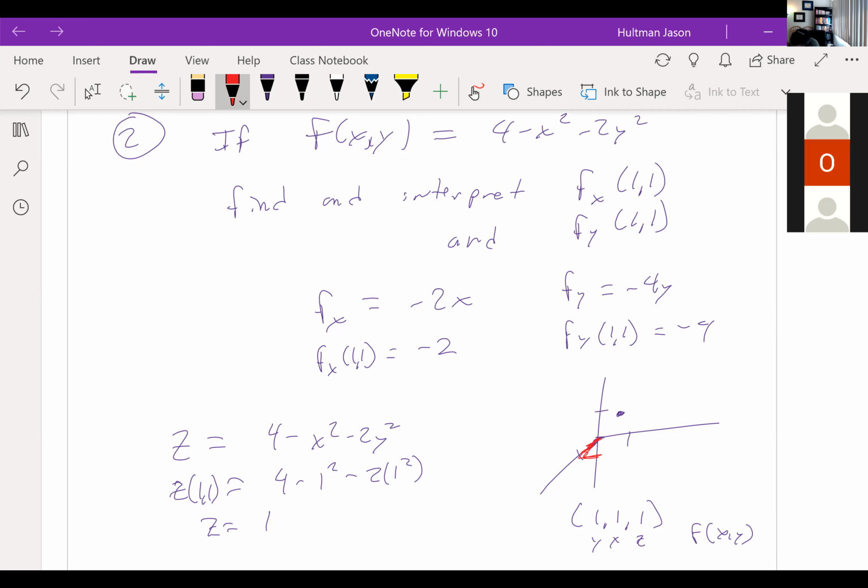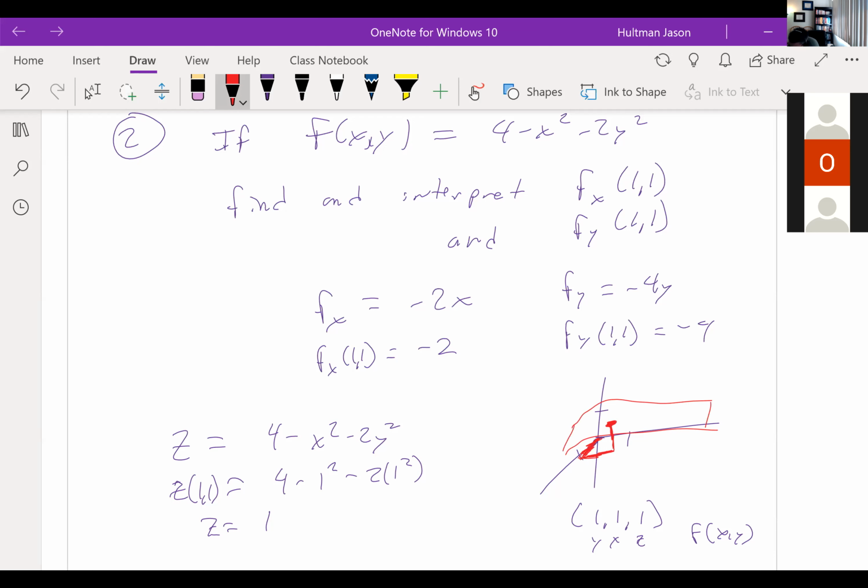We would go over 1 in the y direction. And we would go up 1 in the z direction. So maybe the point is right here from our perspective. But there's a surface here.